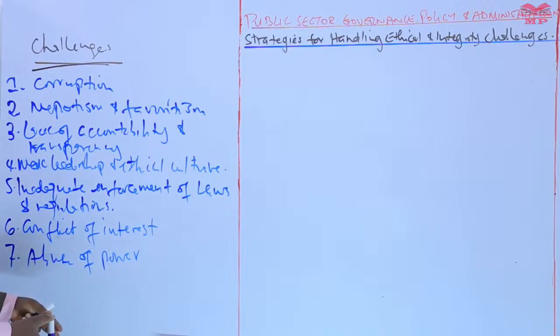Abuse of power. We have individuals in power who are abusing subordinates, who are misusing subordinates, and that is a challenge. All right? Intimidating subordinates, using the office for personal gain, abusing the office. This is yet another challenge in the public sector.